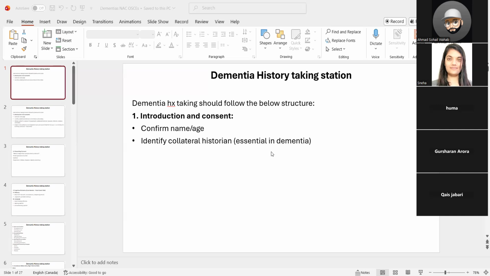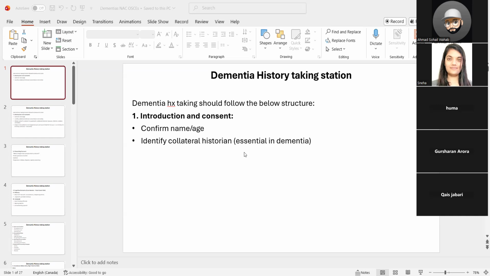Even though the patient may not express explicit consent, we can talk to family members because the patient is incapacitated or unable to express consent. But in any case, start with the patient, see how they are. If they're able to answer properly, continue with them.